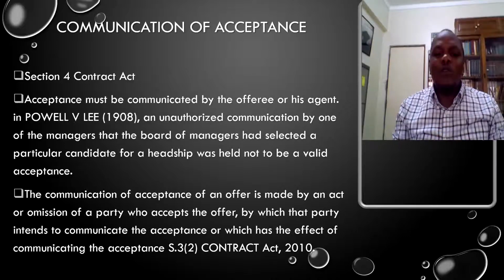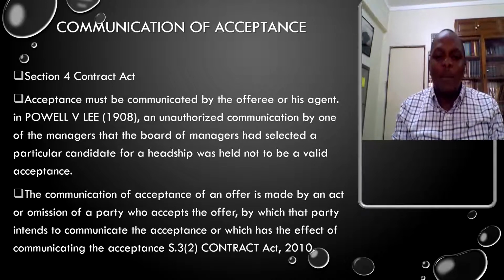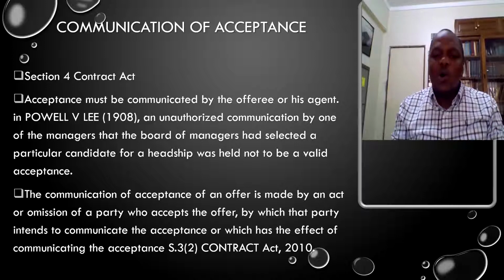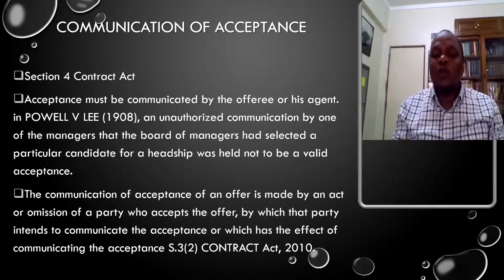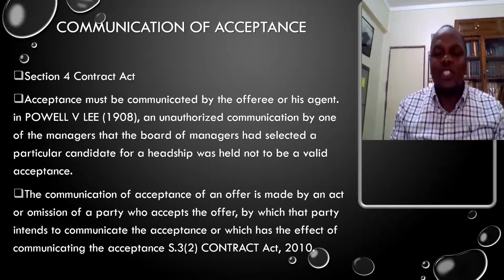The communication of an offer may be made by an act or omission of a party who accepts the offer, by which that party intends to communicate the acceptance, or which has the effect of communicating the acceptance. That is in the words of section 3.2 of the Act, which I tried to summarize up there, saying that acceptance must be communicated by the offeree or his or her agent.